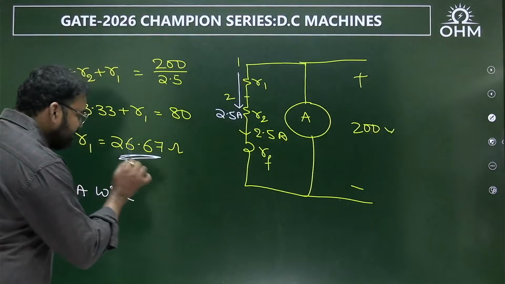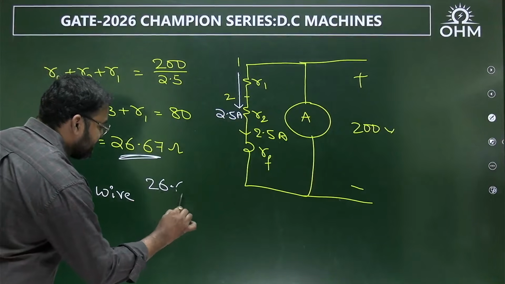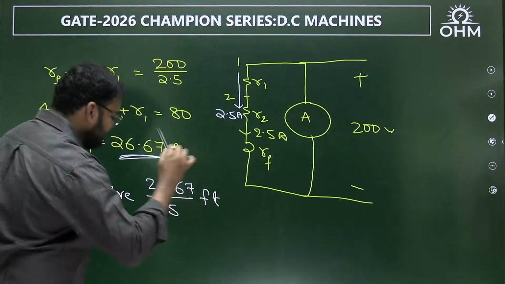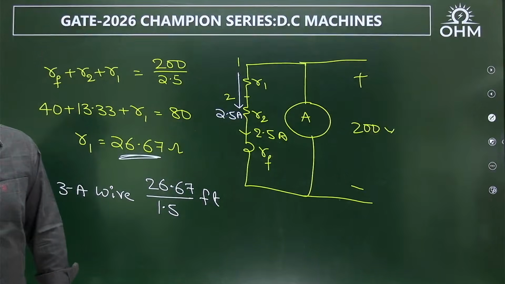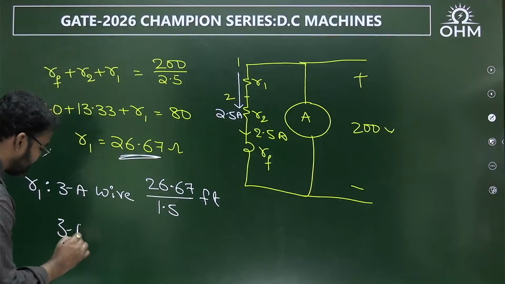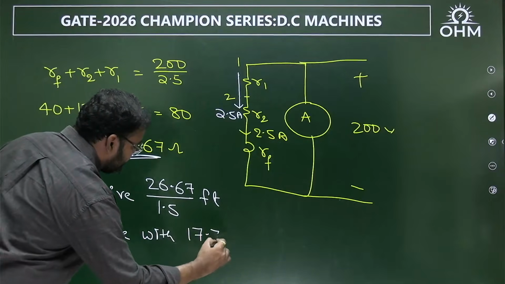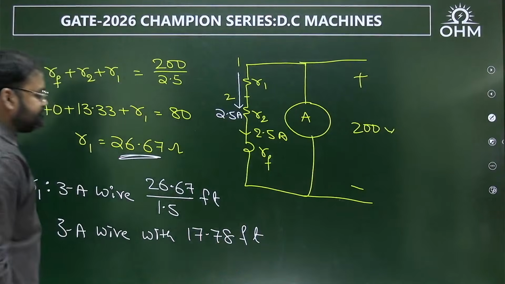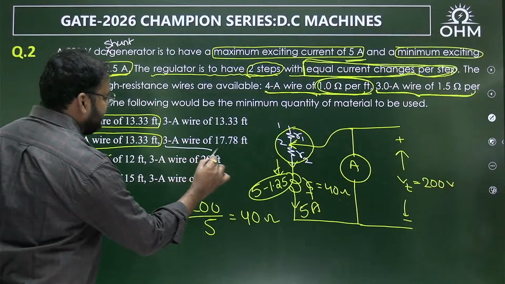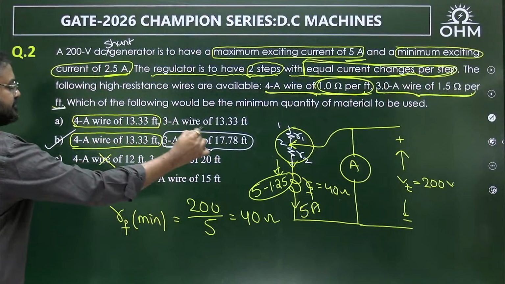Like that, to get 26.67, how much wire length is required? 26.67 by 1.5 feet. How much is 26.67 by 1.5? 17.78. So therefore, 3 ampere wire with 17.78 feet length. Therefore, option B is correct.